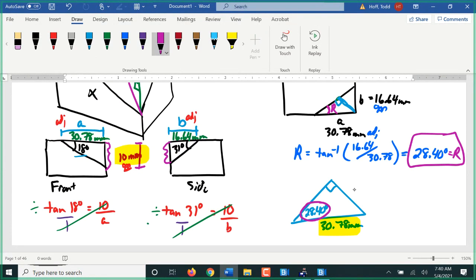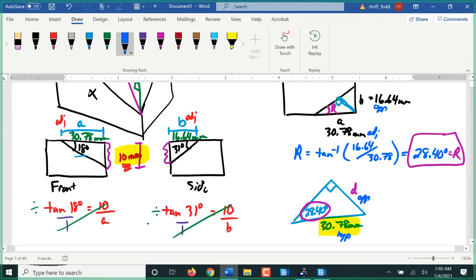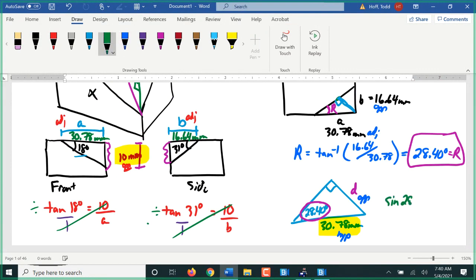I need to find over here this side, which I'm going to label D. That is the opposite side from our angle. The 30.78 is the hypotenuse. So we're dealing with a sine here. Sine of 28.40 degrees equals that opposite side of D over our hypotenuse of 30.78.